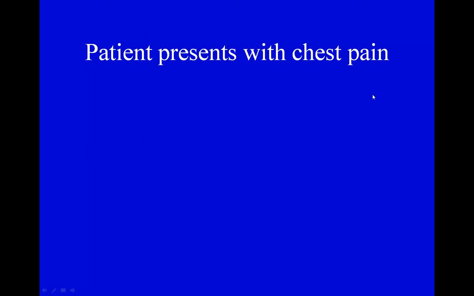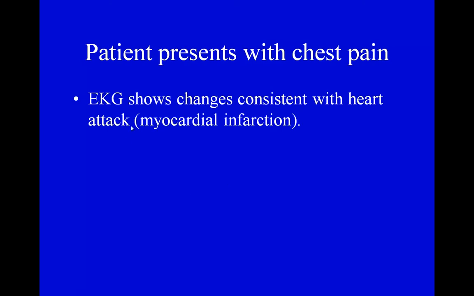What if we have someone come in with chest pain? Well, I'll bet all of you know that if somebody has chest pain, it could be symptoms of a cardiac involvement. So some sort of heart attack. We call those myocardial infarctions. So the EKG, an electrocardiogram, and we'll have a whole section, a whole lecture where we talk about tests of the cardiac system, so you don't have to know those yet, but a lot of you may be familiar with these terms.